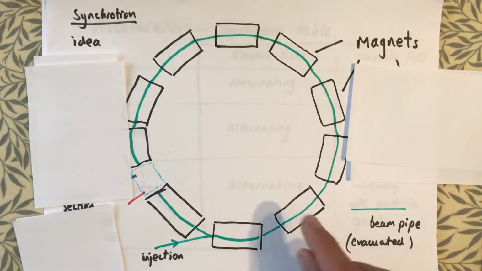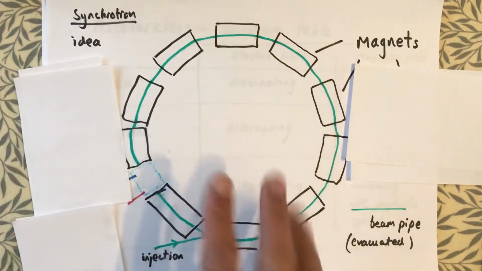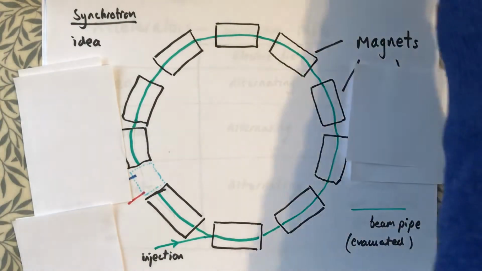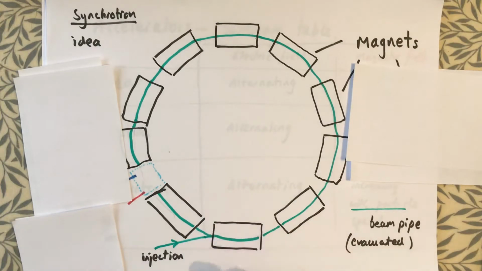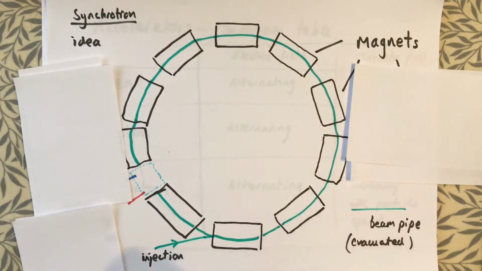Now, in a synchrotron, we've only got one path. So this is just a general schematic of the idea. It's not super correct. We've got one path, and if I have my particle, I'm not going to deal with the details of how you inject the particle. There's loads more complicated bits, and I'm going super simple.